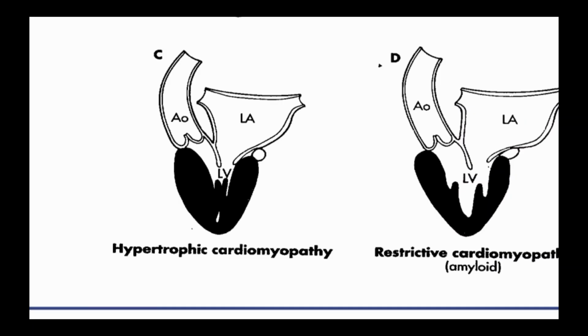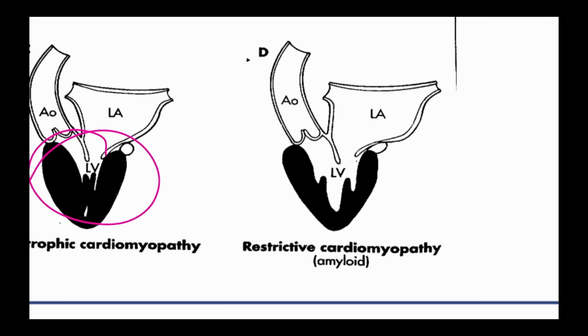Here's your hypertrophic, obviously very thickened walls of the heart, and then your restrictive. Remember, restrictive, any of those infiltrative diseases, amyloidosis, sarcoidosis, those infiltrative ones cause fibrosis. The heart doesn't work as well. We have filling. Remember, restrictive is filling problems. Just like restrictive lung diseases, they have a problem with volume, not flow.